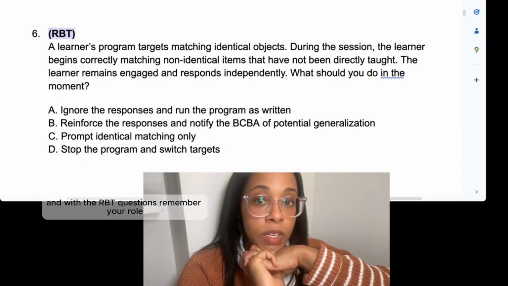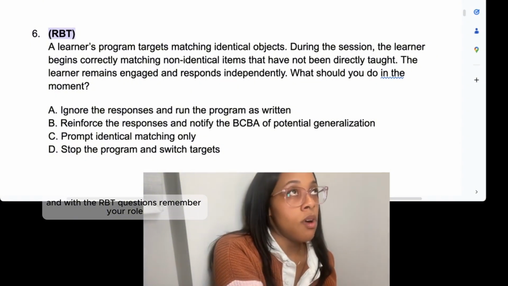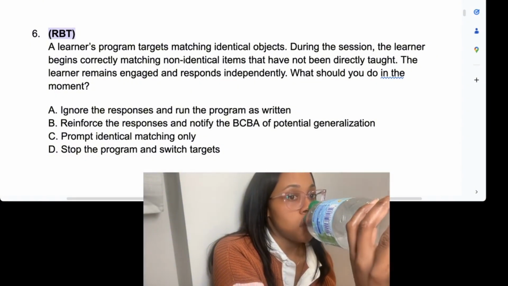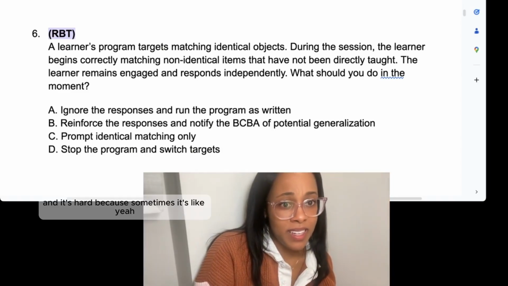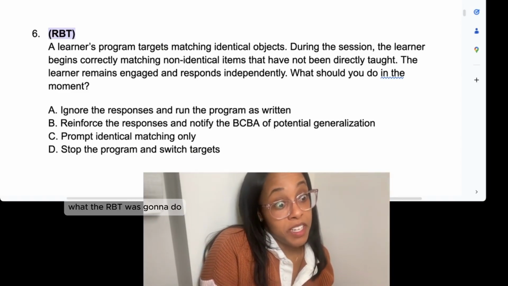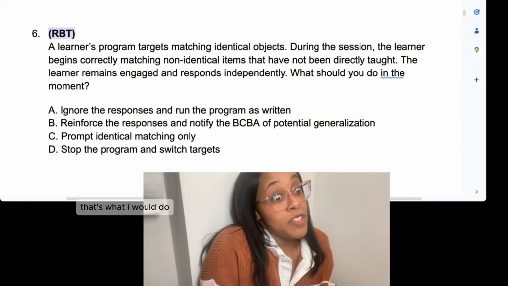With the RBT questions, remember your role. It's hard, because sometimes what the RBT was going to do is what I would do.